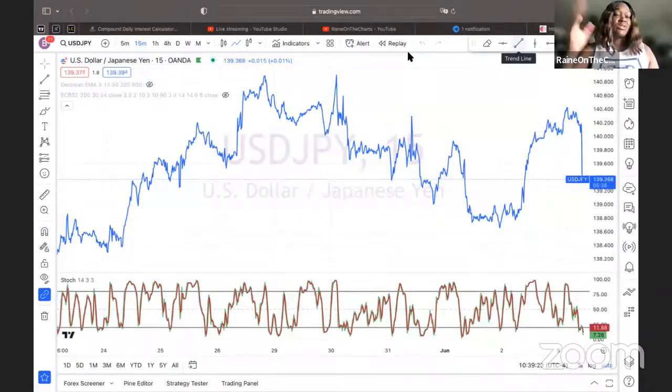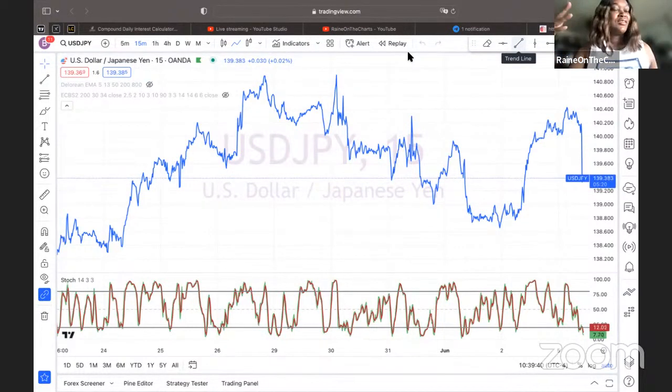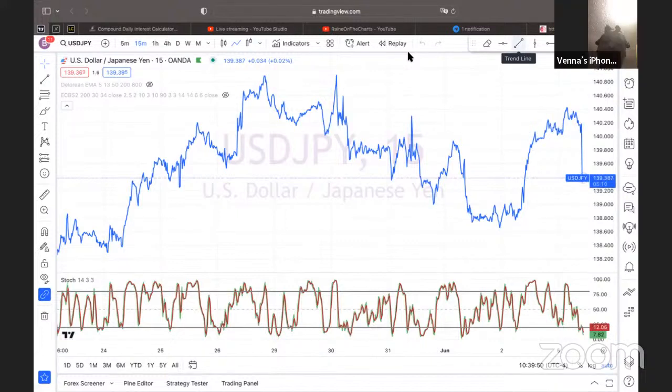There are 3 different types of analysis: technical, fundamental, and I can't remember what the other one is. The news. Fundamental is news, technical, and the one where you go by what you feel. What is that called again, Mena? Sentimental analysis.